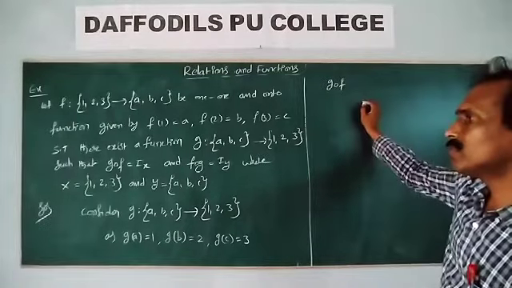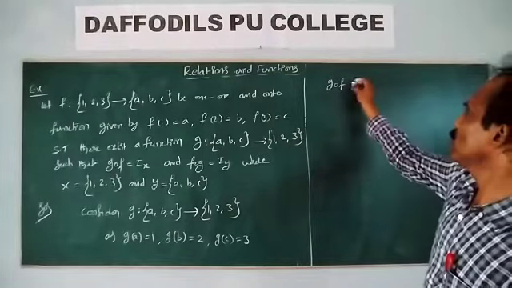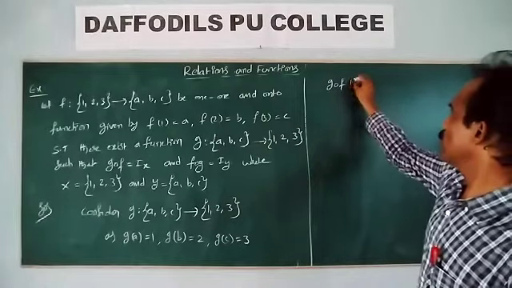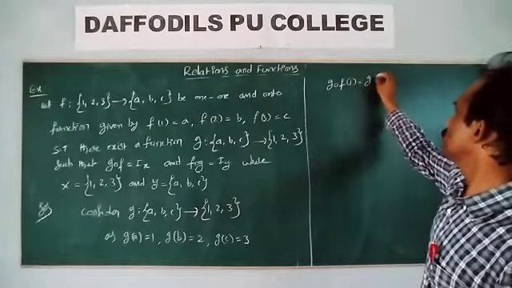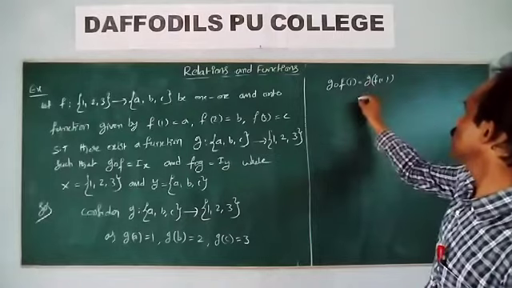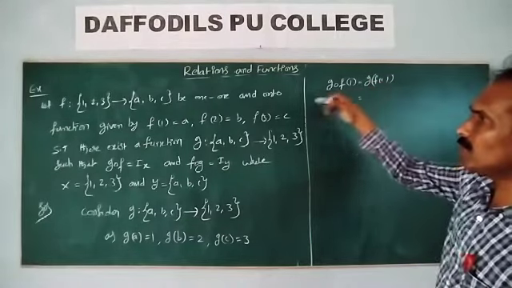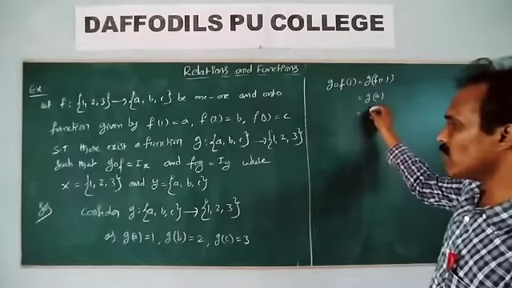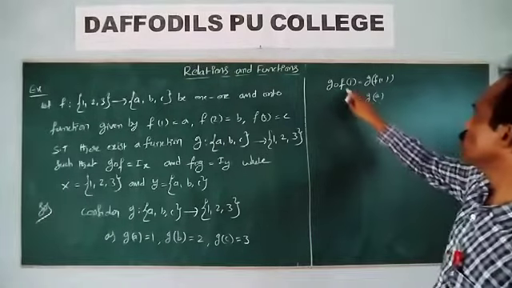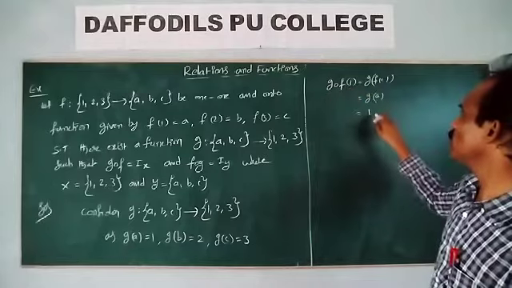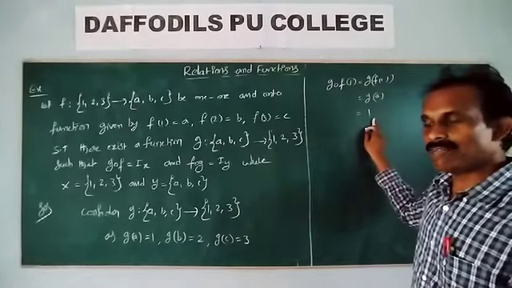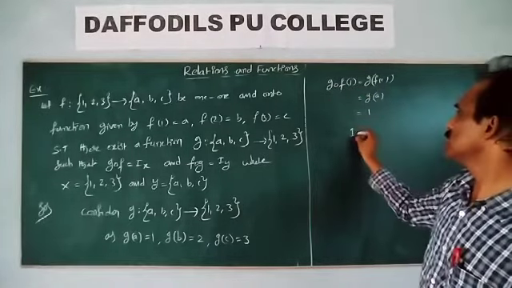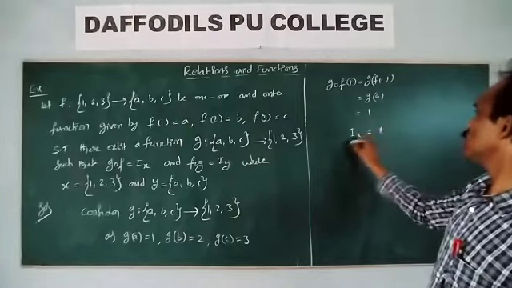Now g circle f of 1, that is g of f of 1. What is the answer? f of 1 value is A. So g of A, that is g of A value 1. So g of f of 1 is equal to 1.